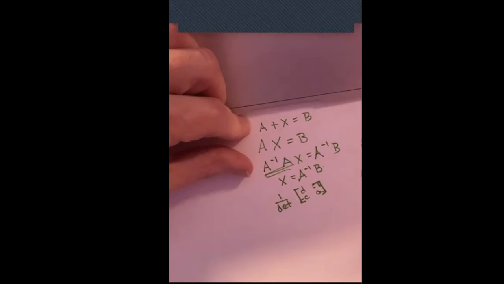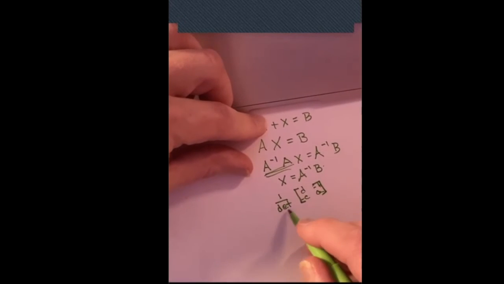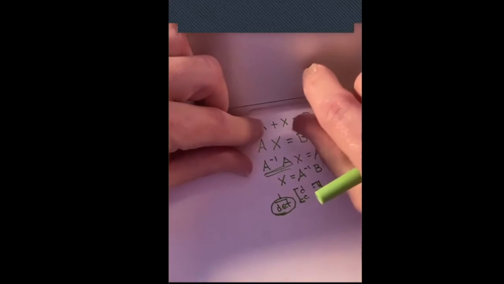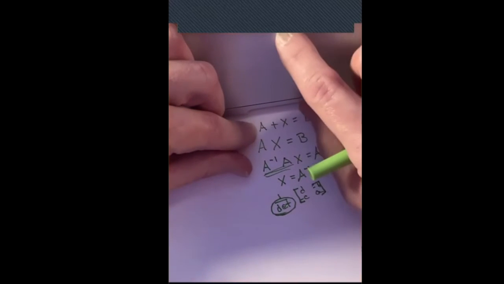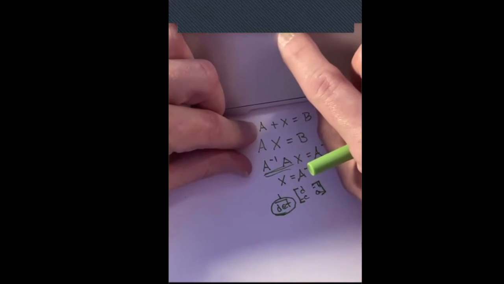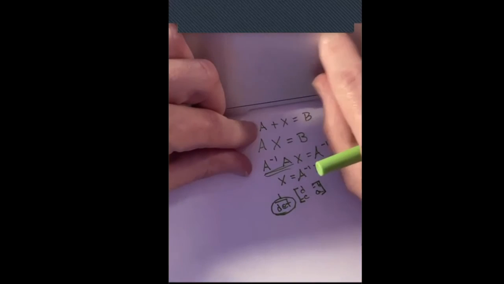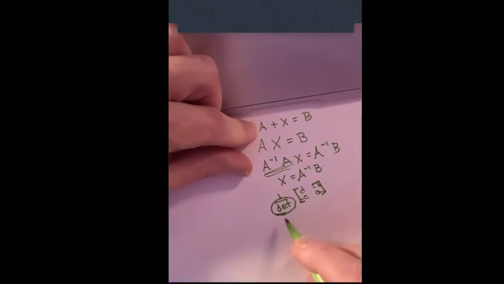Okay. And the reason I'm pointing this out again is that you can tell whether or not a matrix is going to have an inverse by whether or not the determinant is 0. If the determinant is 0, then you're not going to have an inverse.